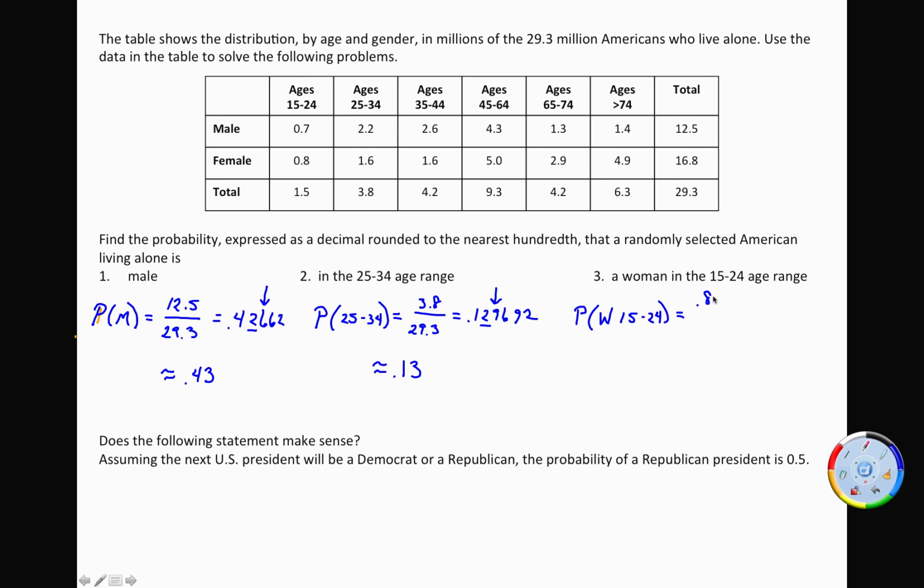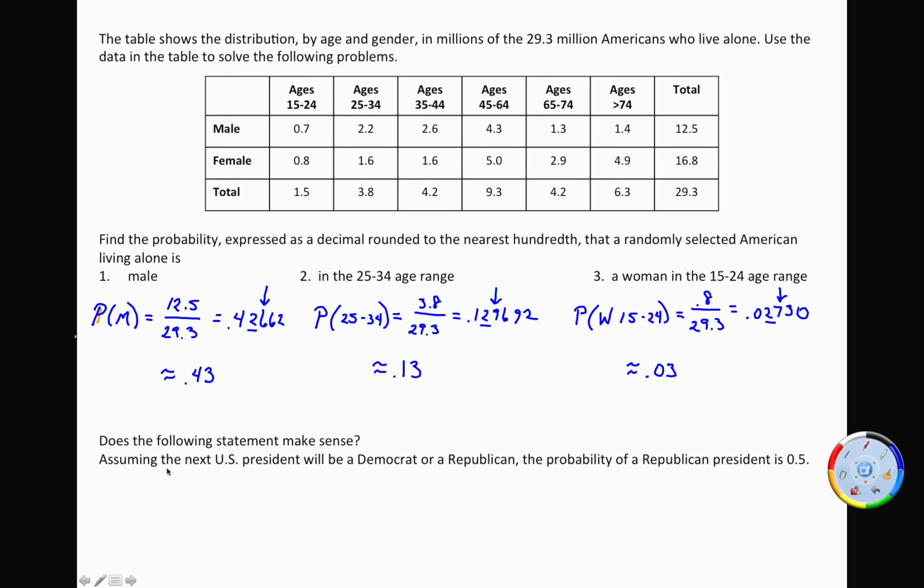So 0.8 million out of 29.3 million total. Plug it in the calculator and we get 0.0273. I'm going to round to the nearest hundredth again, simply because that's what the instructions asked me to do. 0.03.